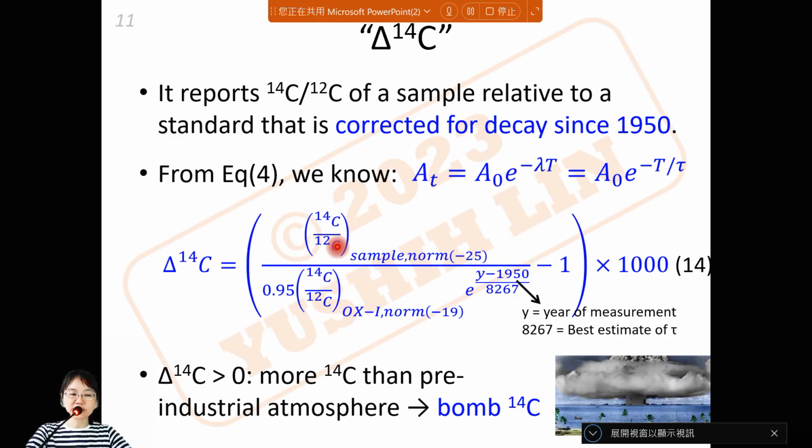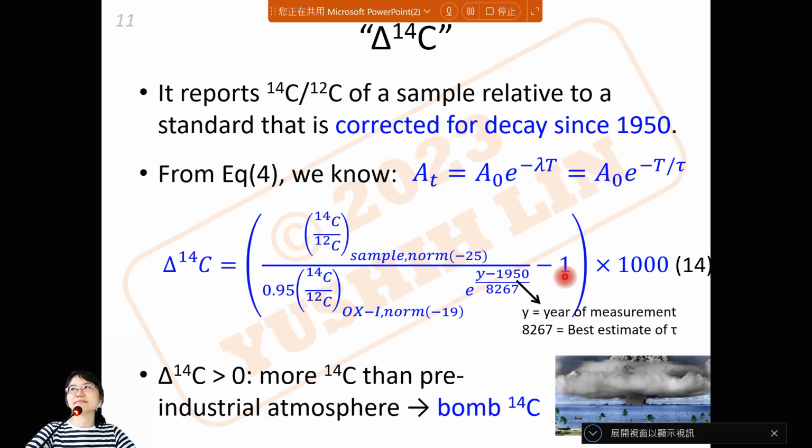For big delta C14, it is possible to have a value higher than 0. If you recall your assignment where I asked you to identify the surface DIC big delta C14, the value is plus 50 per mil. When you have a positive value, that means the C14 in your sample is higher than the C14 in your standard. Then this ratio will be higher than 1, and when you minus 1, it will be positive. You have a lot of C14 in your sample.